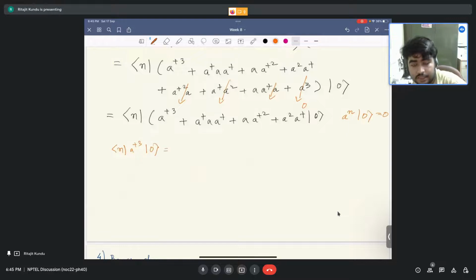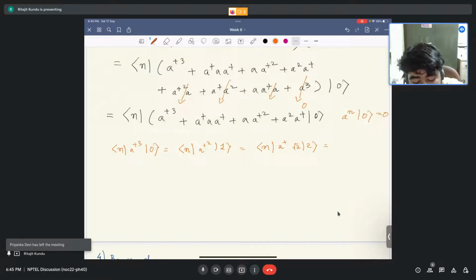What is this? Let us act with the a daggers one by one. Acting on 0, the first gives state 1. Then another a dagger gives square root 2 times state 2, where the square root of 2 is for the normalization. Then I act with another a dagger.